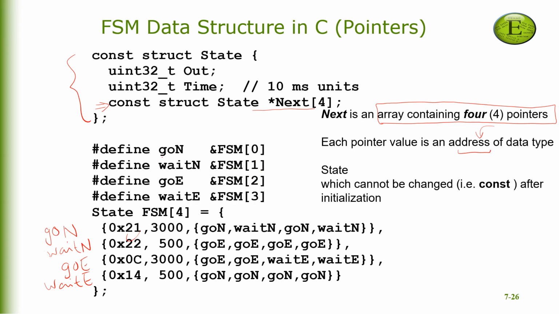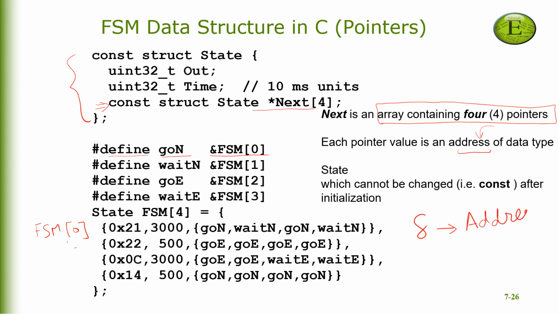So we're going to define goN by the address of FSM 0. This is kind of an implementation of a linked list data structure. FSM 0 is this guy over here. So this is an address. So goN is what? It is an address. Remember, the ampersand represents an address operator.